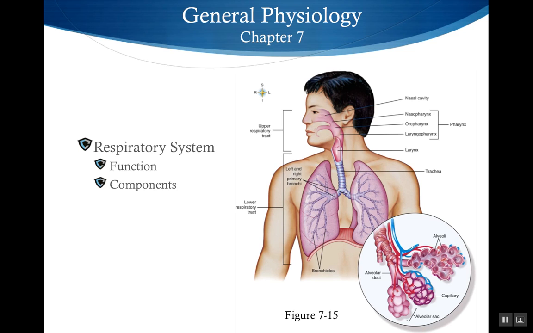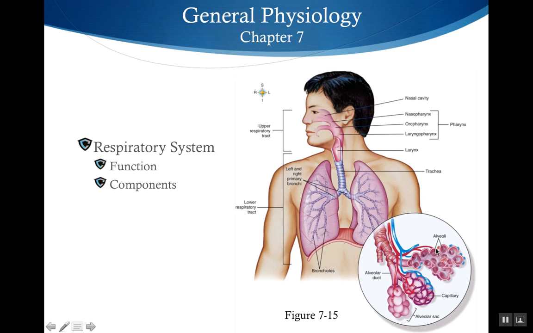Okay, the smallest branches are called bronchioles, which you can see labeled here. Those bronchioles have alveoli at the terminal ends. Now, alveolus is the singular, and multiple are called alveoli.